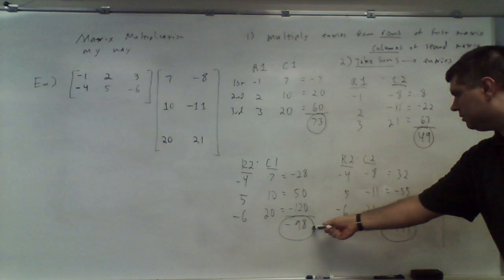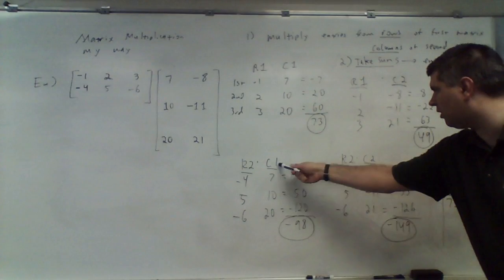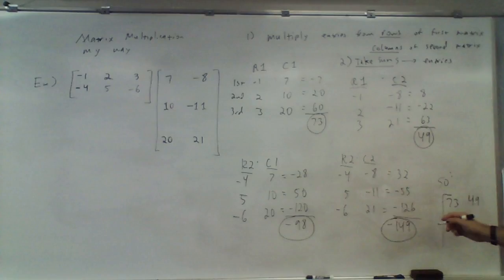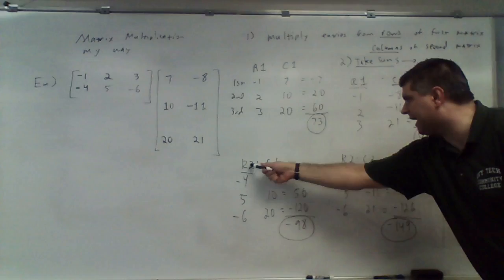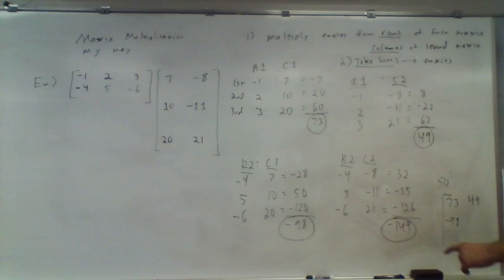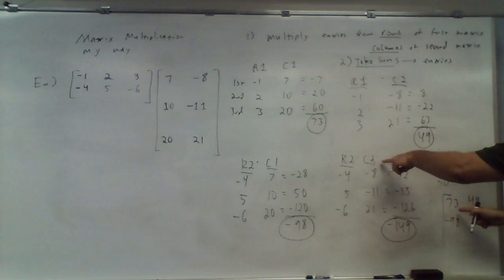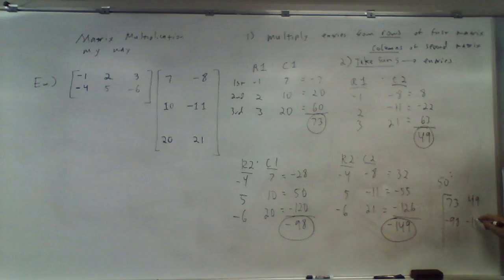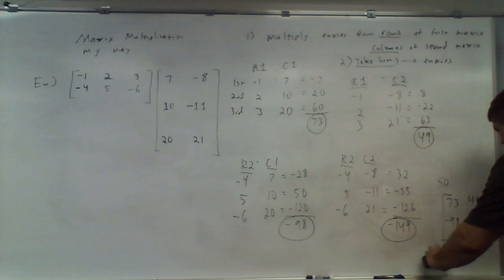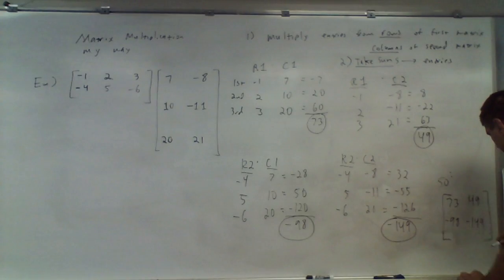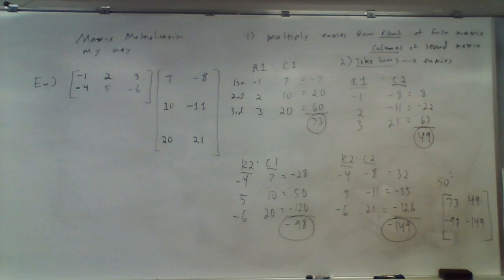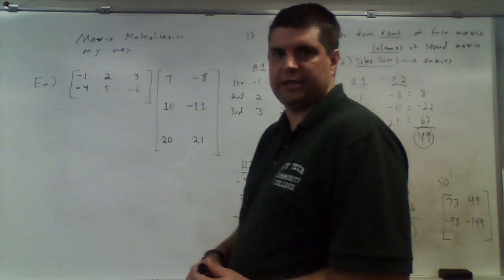This one is going to be in the first column, second row. And this one's going to be second row, second column. So there is our new matrix. Okay? That is the result of multiplying these two matrices.